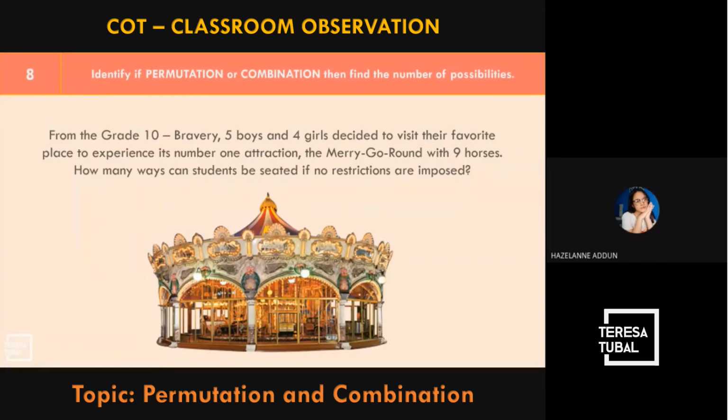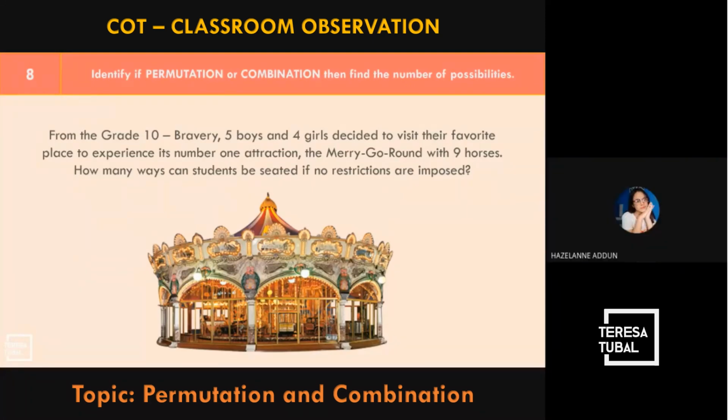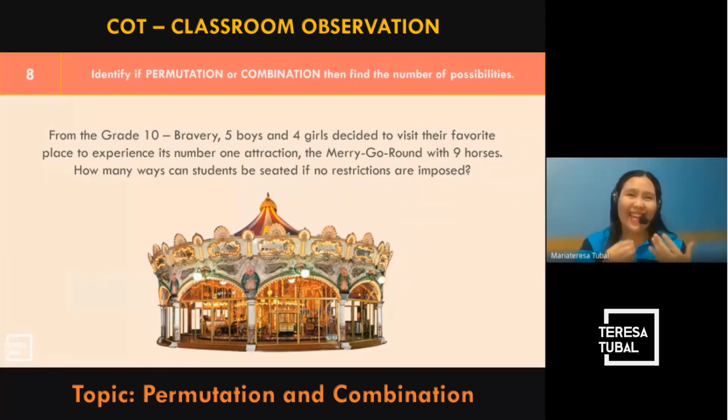Circular po. Circle. Okay, correct. That is circular. So, meron siya nakita sa merry-go-round. So, this example is a circular permutation.